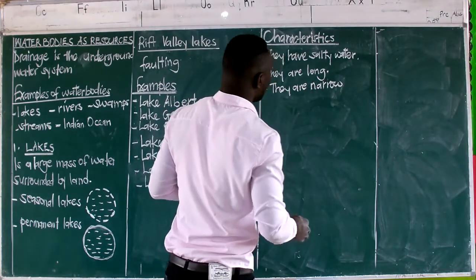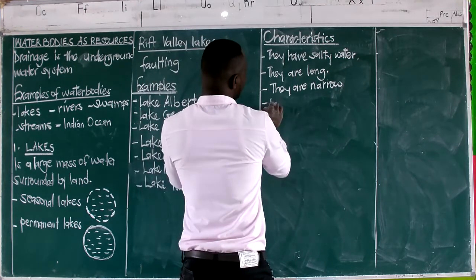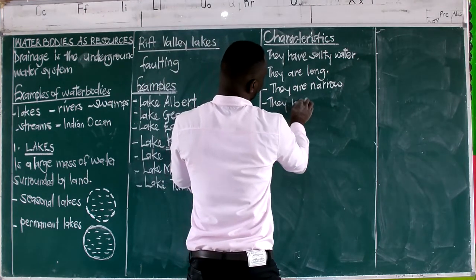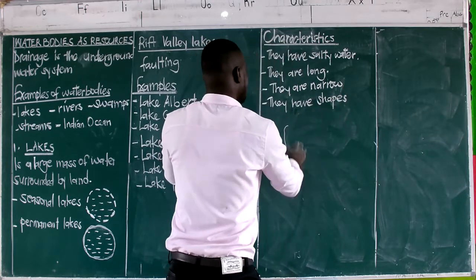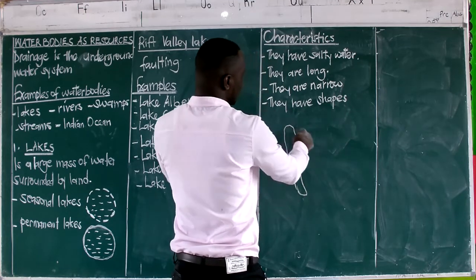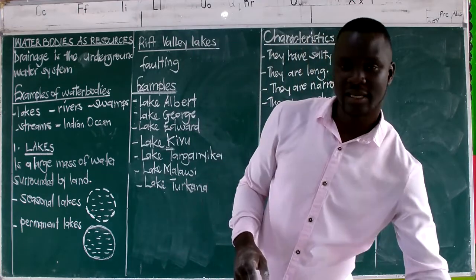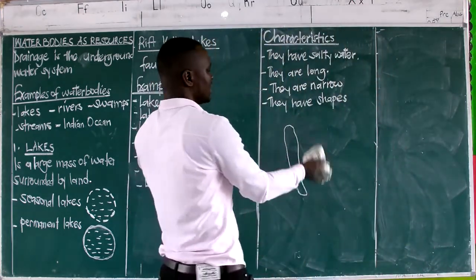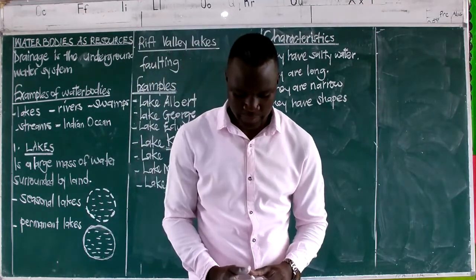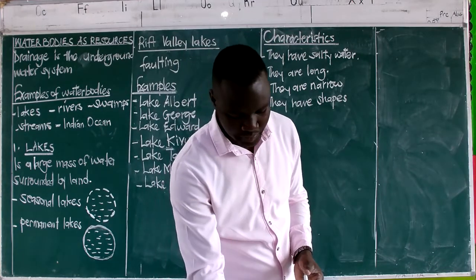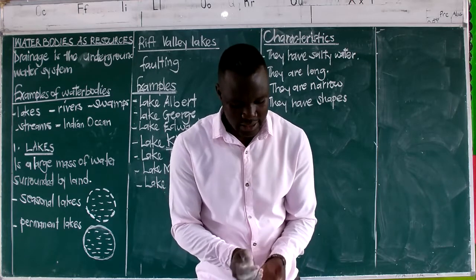Then also, these lakes were formed as a result of faulting, and then they have shapes. They are not like the other one. When you look at Lake Turkana, you will find some sort of oval shape, it's not like the other one, Victoria, which was irregular. So that is what we mean by them having shapes. We are going to look at Lake Tanganyika.